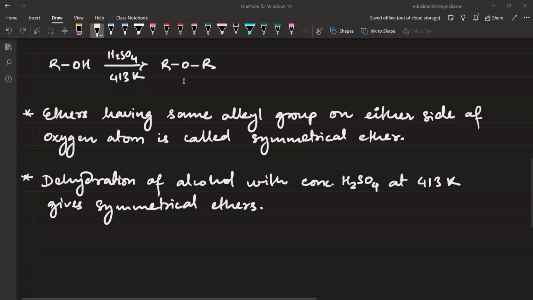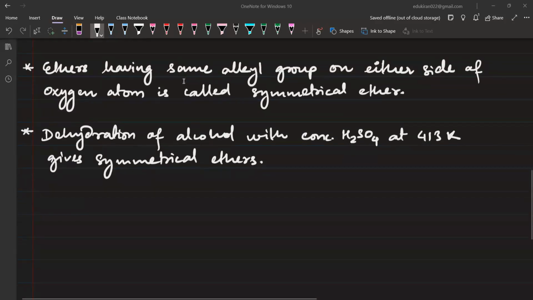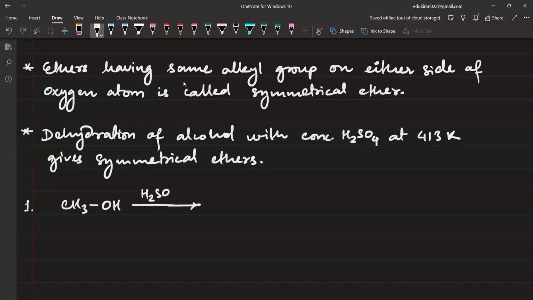You just need to identify the alkyl group attached. For example, if you have CH3OH, in the presence of H2SO4 at 413 Kelvin, it is going to give you CH3OCH3.